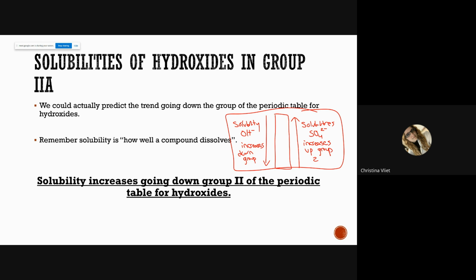And where's magnesium, up the periodic table or down? Up. So sulfates are more likely to be soluble the farther up you are in group 2. Kind of makes sense? This needs to be memorized. So write it down the way that I did it. I usually like to do arrows, so I put a lot of information in a little bit of space when I'm studying. We're good with this?